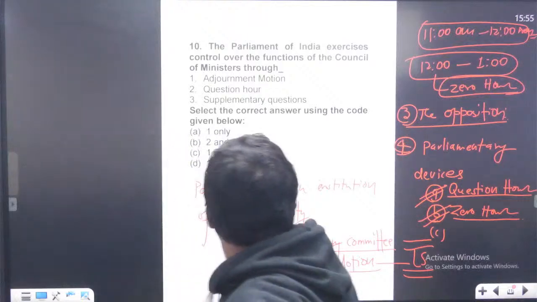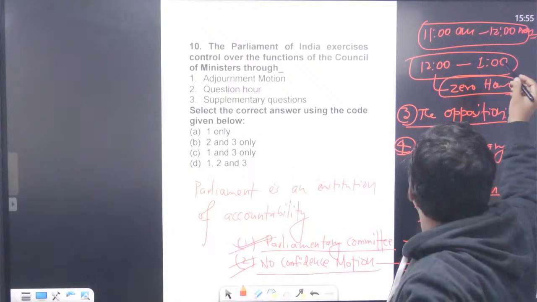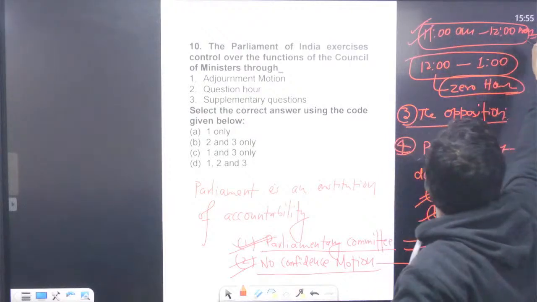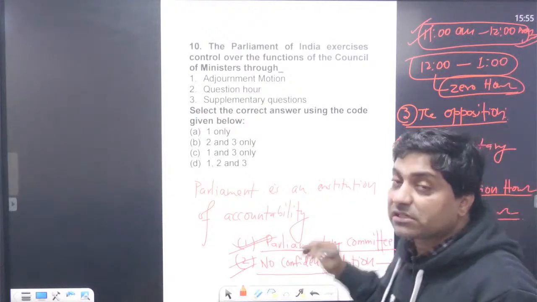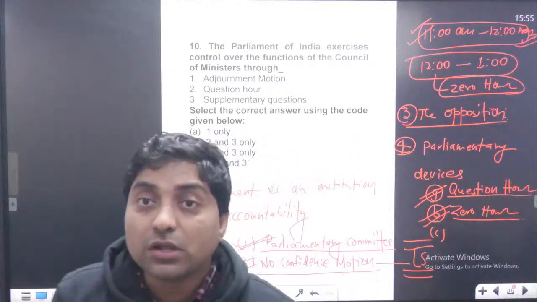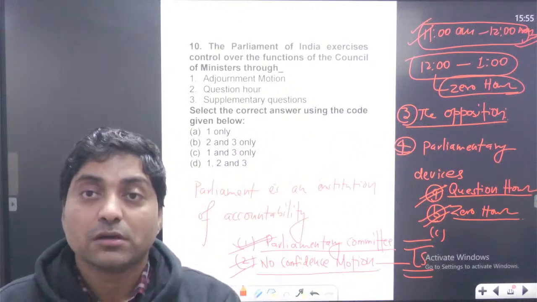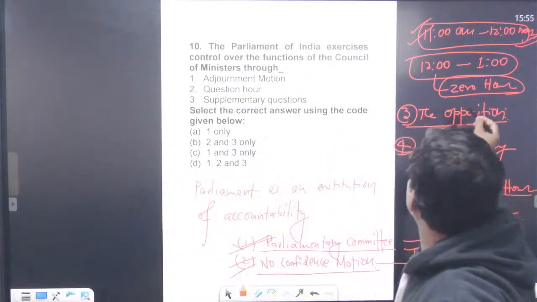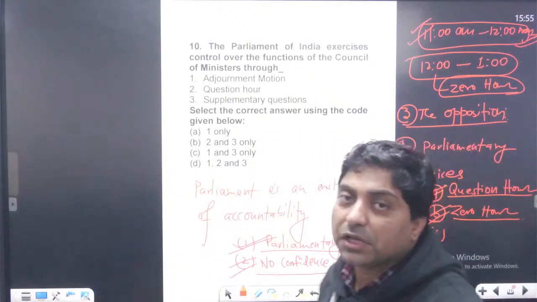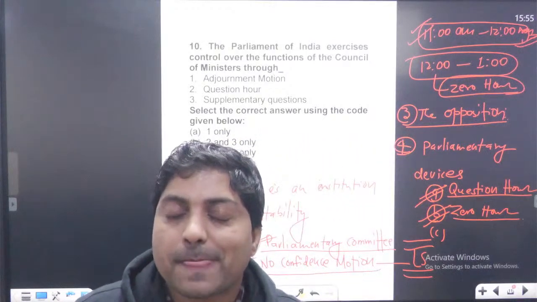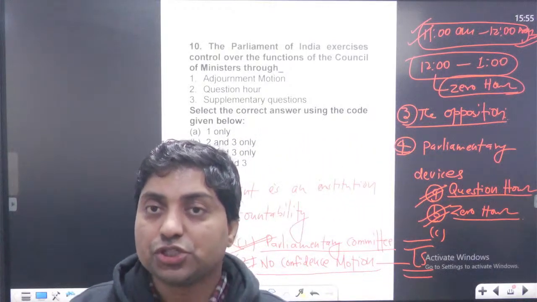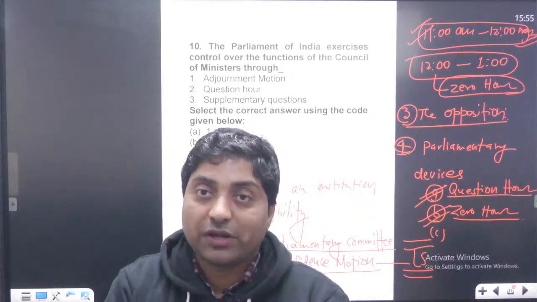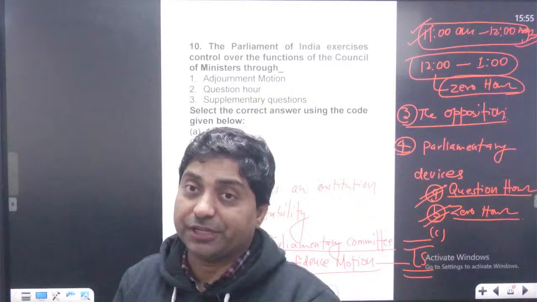Now what happens during the question hour? During this hour, members ask questions and ministers give replies orally as well as written replies. During zero hour, there is no need to give a written reply. And during zero hour, a member can ask a very urgent question, for example, a question of today or yesterday.